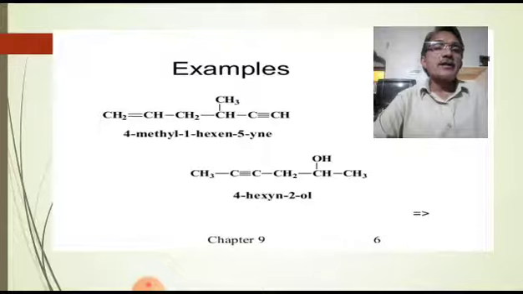Here, this chain contains both an alkene functional group and an alkyne functional group. Preference must be given to the alkene while numbering. Therefore, numbering must be done from left to right only. The fourth carbon has a methyl group. Therefore, 4-methyl-1-hexen-5-yne.